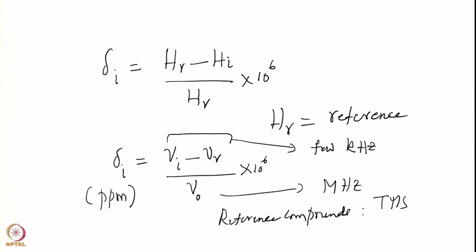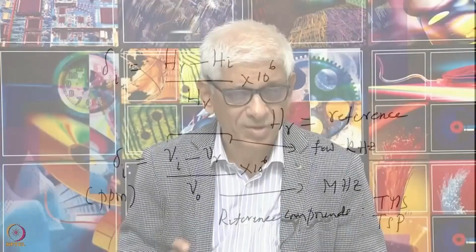For solvents like CDCl3 and DMSO, you use TMS, tetramethylsilane, or you can also use other things like TSP, which is triacetyl phosphonate. So various kinds of reference compounds are there. We will not list all of those. Depending upon the solubility, you use an appropriate reference compound.